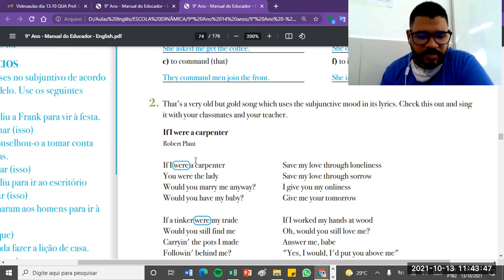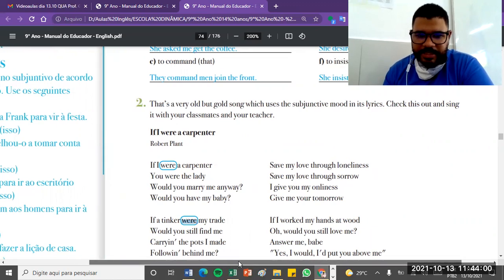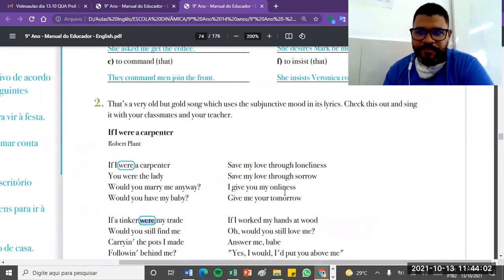Aqui o uso do subjuntivo, se eu fosse, apesar de eu não ser mais, né? Aqui a gente tem o uso do verbo to be no modo subjuntivo. É importante a gente aprender a usar esse, entender que isso é o verbo to be, ele está como se fosse conjugado no passado, mas na realidade está no modo subjuntivo, certo? Ainda assim é presente.